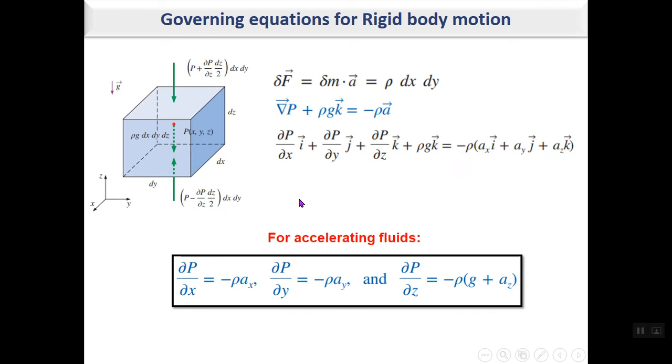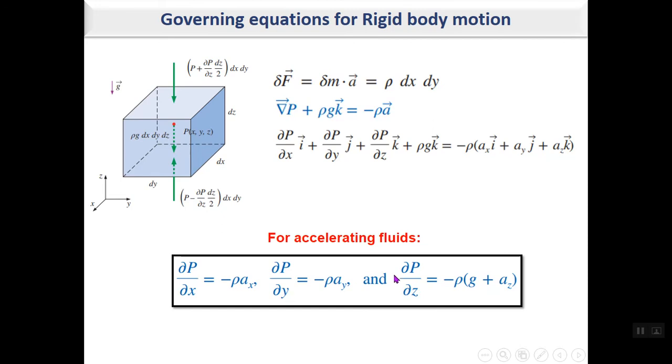corresponding terms can be equated, and you reach the conclusion for a general case where there is acceleration in the x direction, in the y direction, and also in the z direction. There is also a gravitational acceleration which is present everywhere.